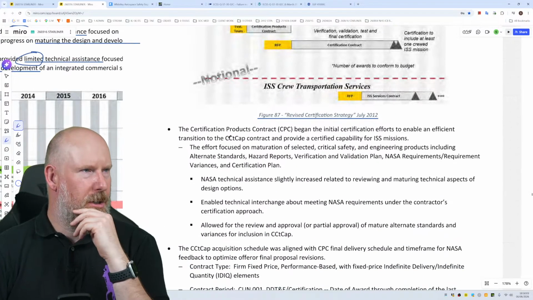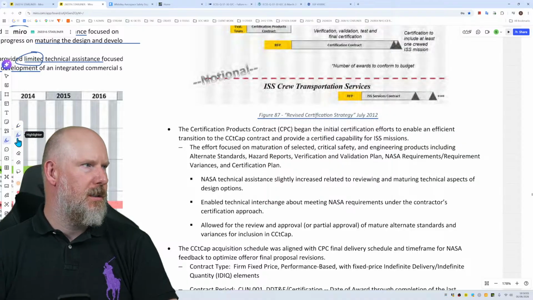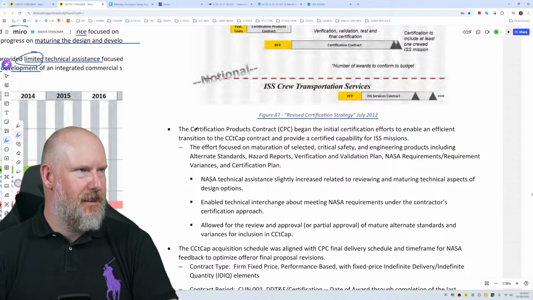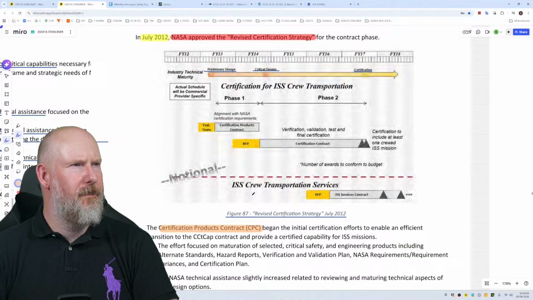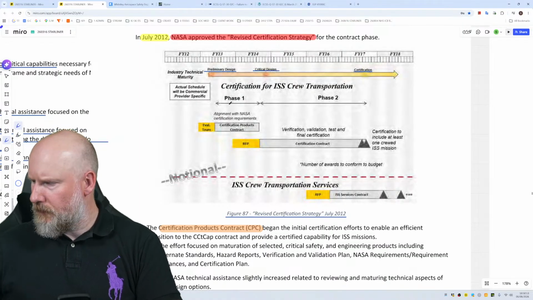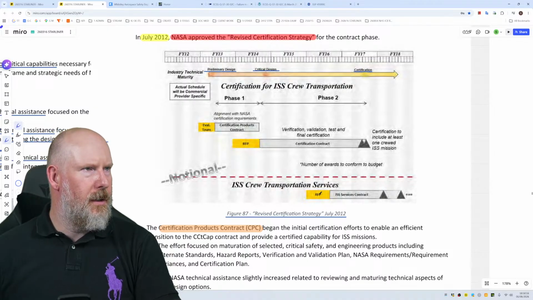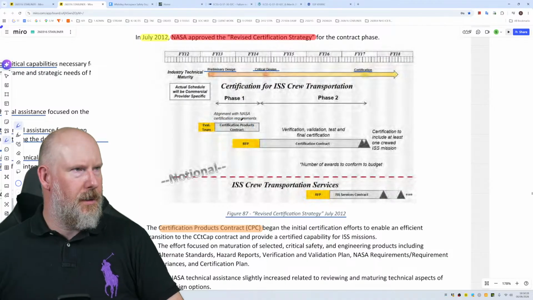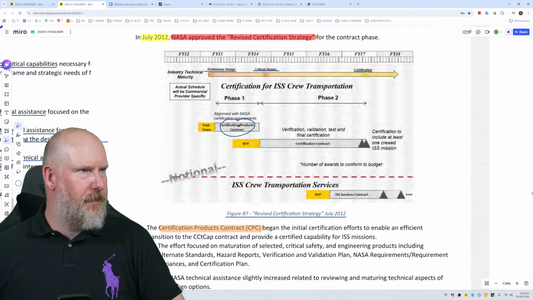Anyway, the certification products contract began. Yeah, that's that one there. Look. Certification products contract. There we go.